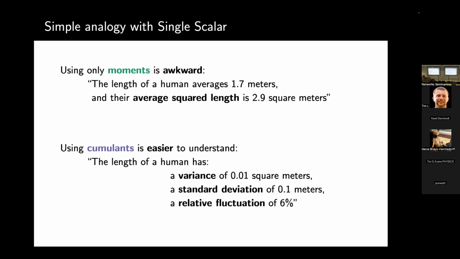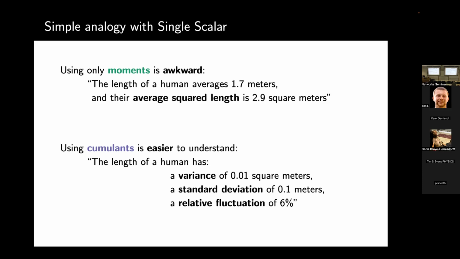Even though there is the same amount of information in these two statements, because there is a one-to-one correspondence between moments and cumulants, I'd argue the latter statements are more interpretable. Also, cumulants have nice properties; they're just a better basis to look at your random variable.